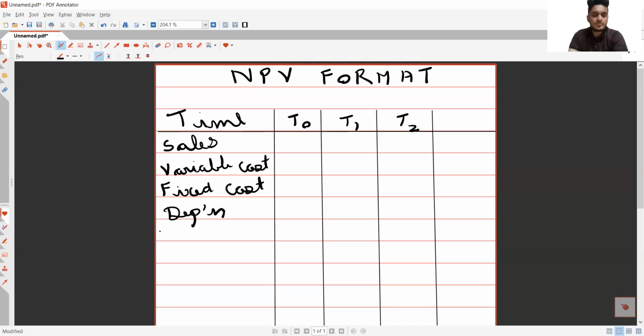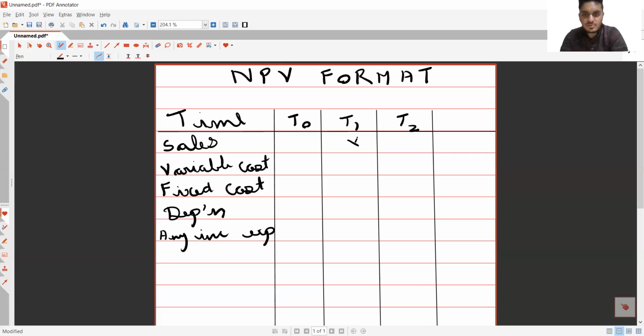The last but not the least, any incremental expenditure. Just to recap, what is meant by incremental expenditure? Any expenditure that's incurred as a result of the project undertaken or the decision made is called incremental expenditure. We did this just a while ago.